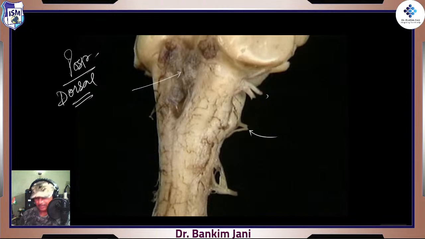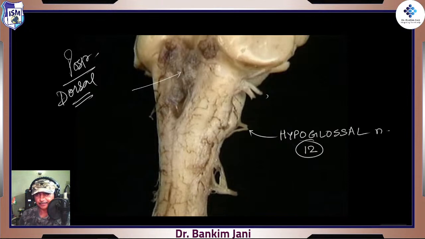this one is the hypoglossal nerve. That is the 12th. Above that one is the vagus. That is the 10th.